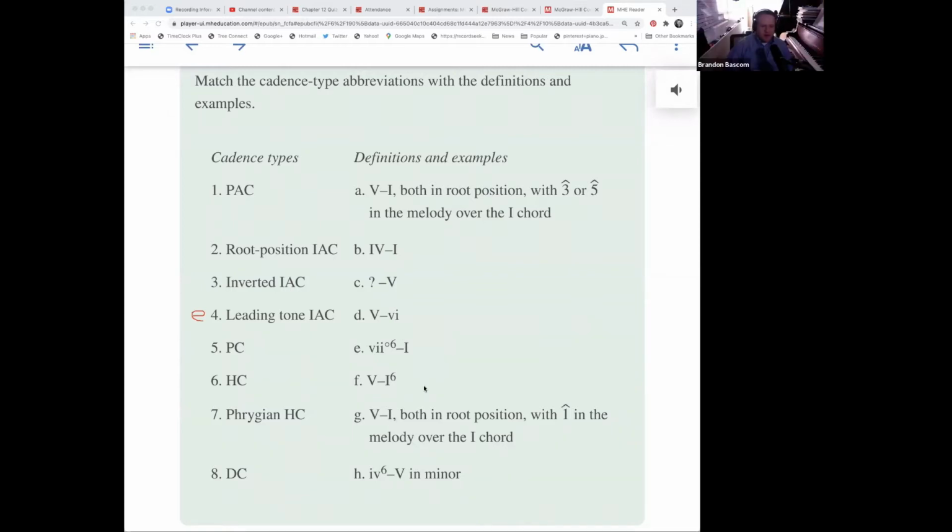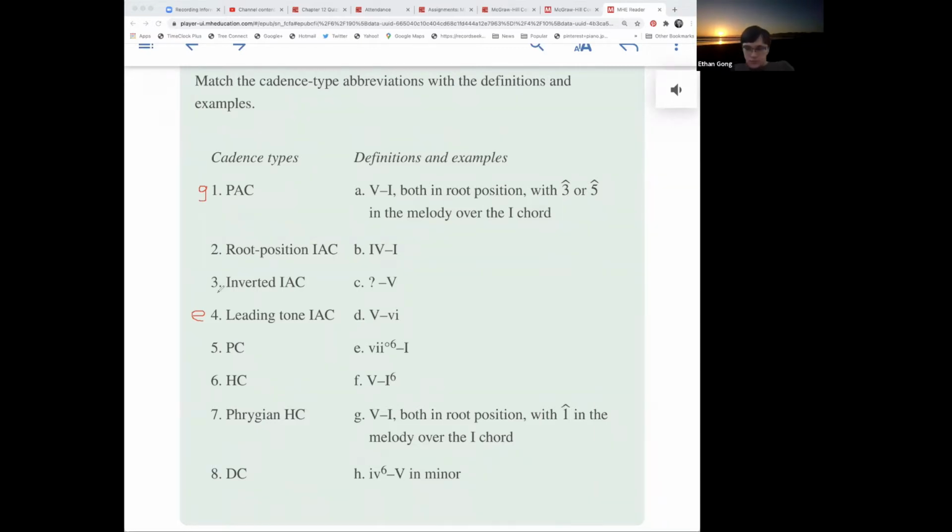What's the perfect authentic cadence? 5 and 1 are in root position, and the tonic is in the melody. So you're saying letter A. Oh, G. 2.